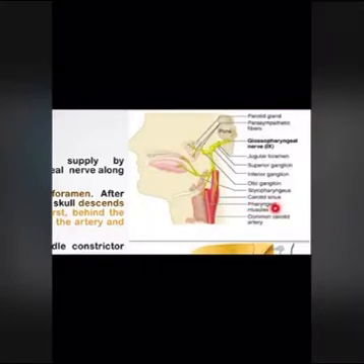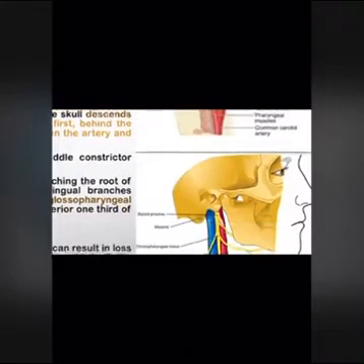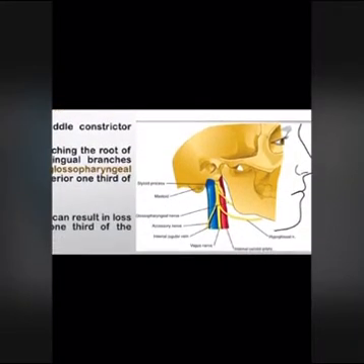The glossopharyngeal nerve passes between the superior and middle constrictor of this muscle. And this is the internal jugular vein. This is the internal carotid artery. And this is the glossopharyngeal nerve. This is the hypoglossal nerve.